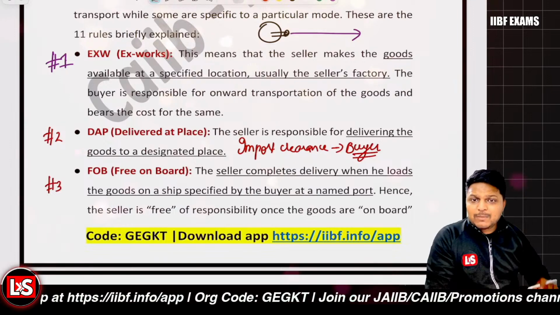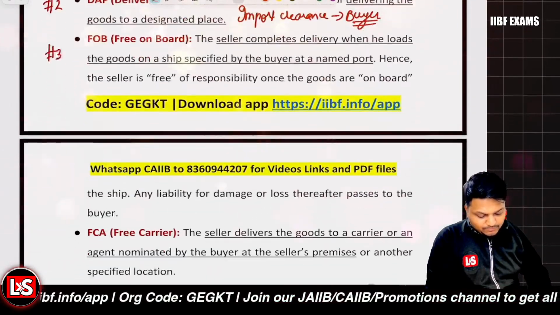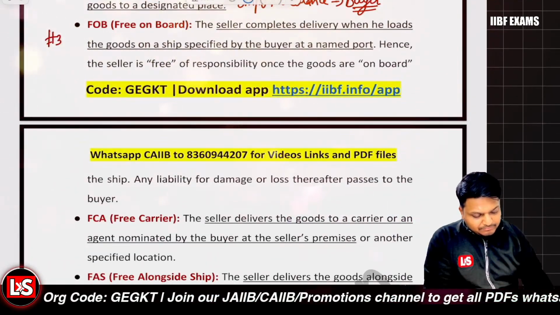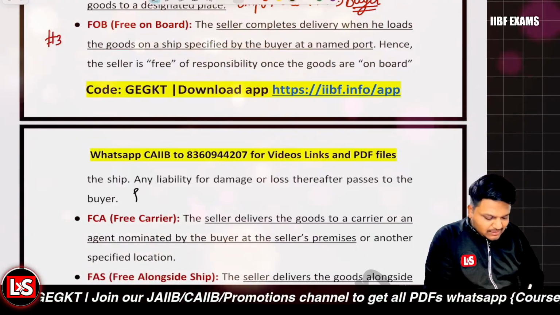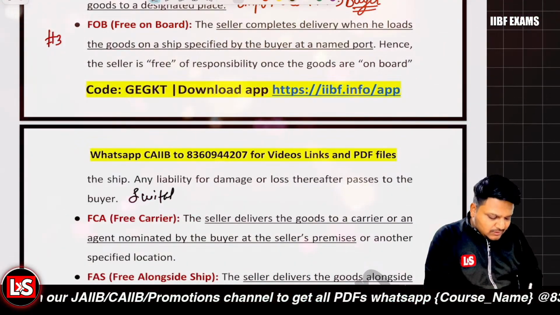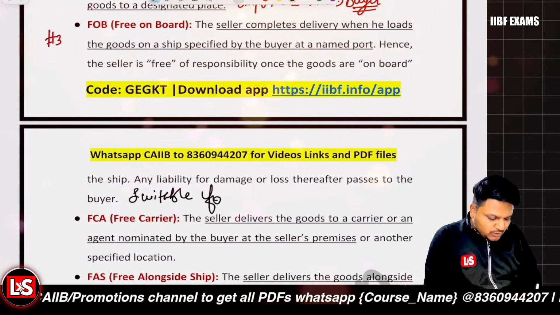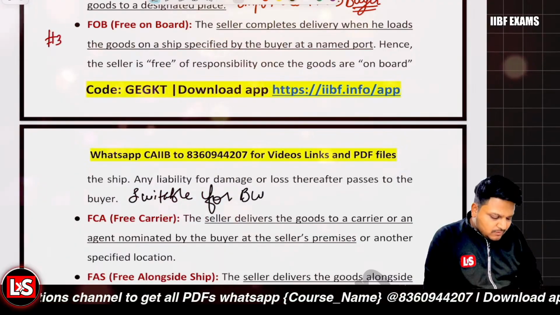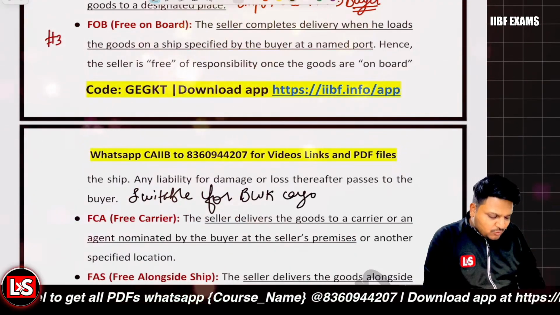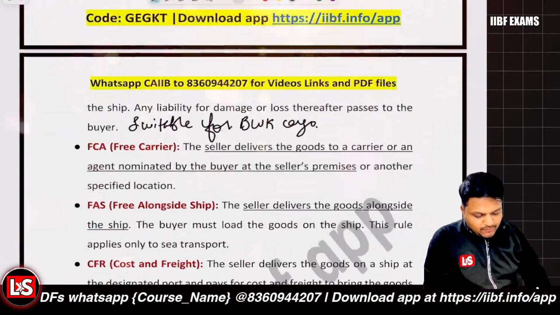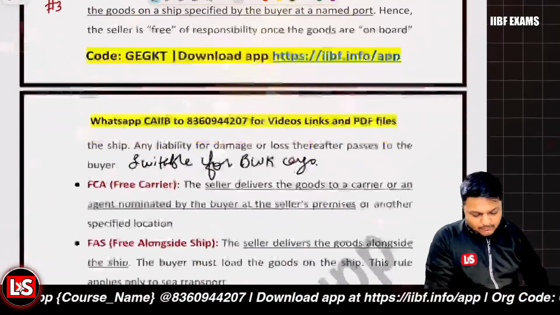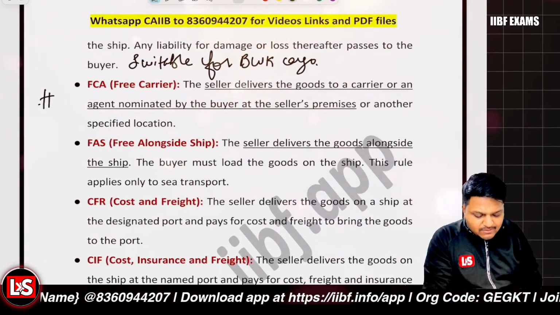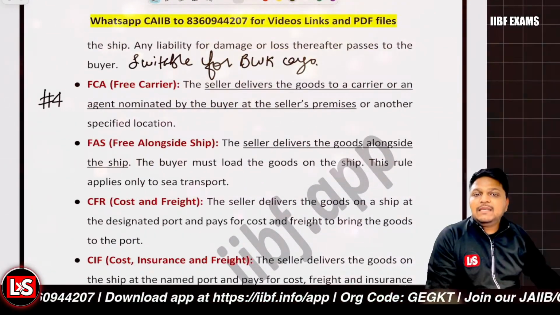This is suitable only for bulk cargo. So let me write over here: this FOB is suitable for bulk cargo only.